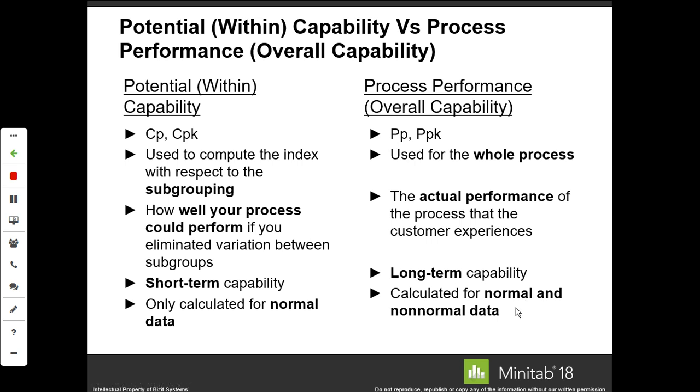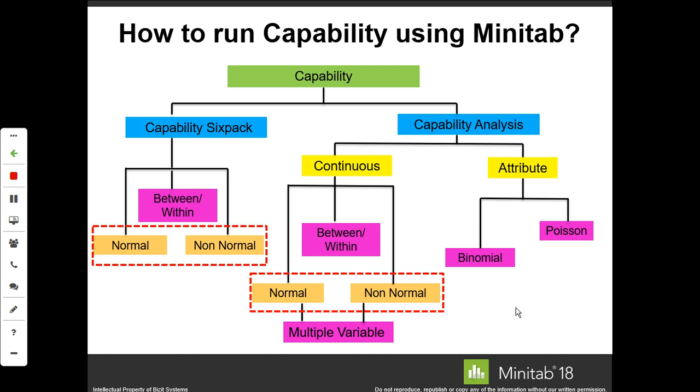Okay, so this one is the basic method of capability analysis using Minitab. Minitab offers two types of capability. The first one is Capability Sixpack, which can handle normal data or non-normal data, and you can have between or within data.